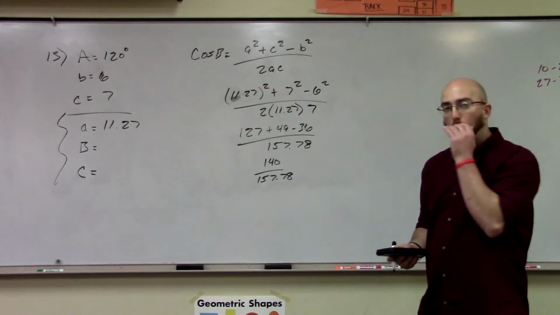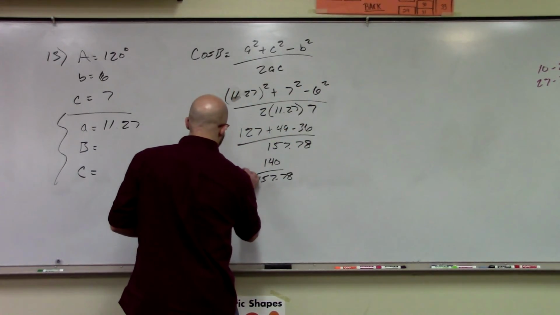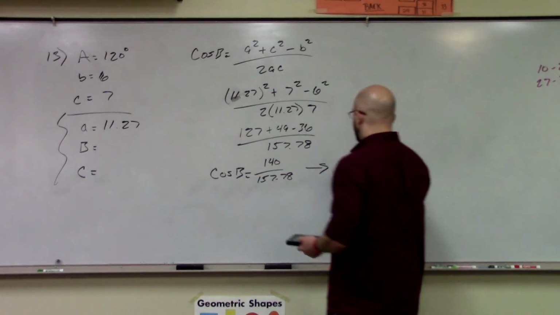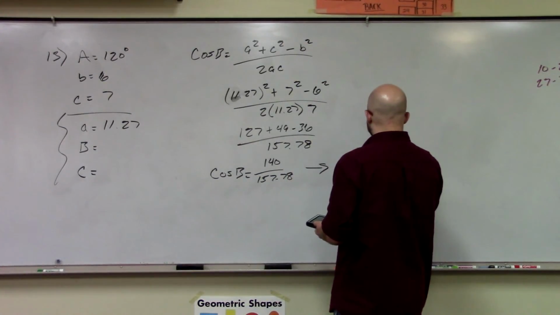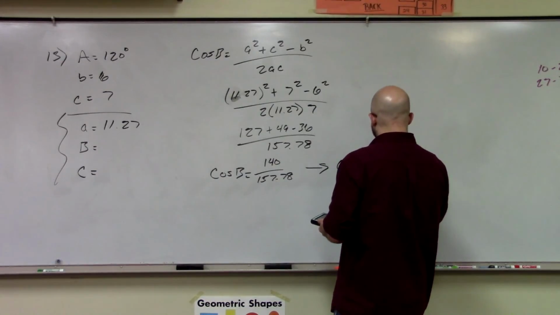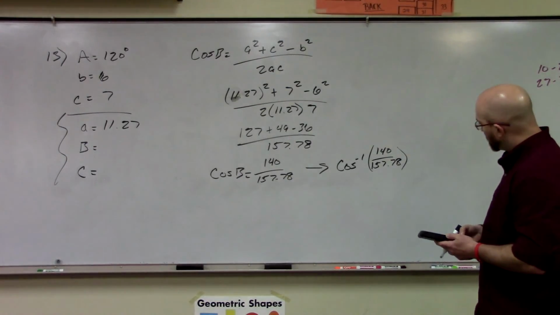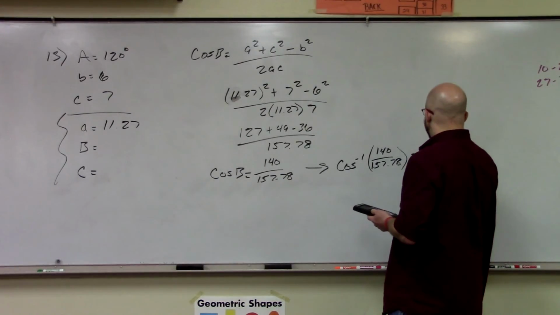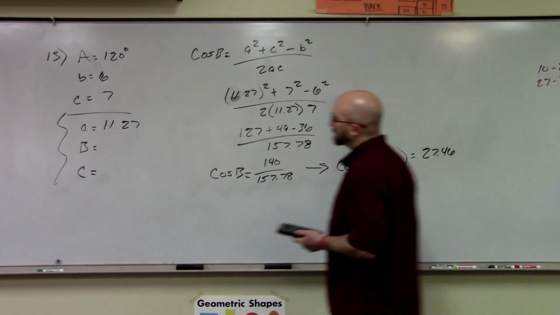Okay, now remember, we want to find the angle, so this is cosine of B. Now to find the angle means cosine inverse. Alright, so let's go ahead and plug that into our calculator. And this equals, nice, 27.46.